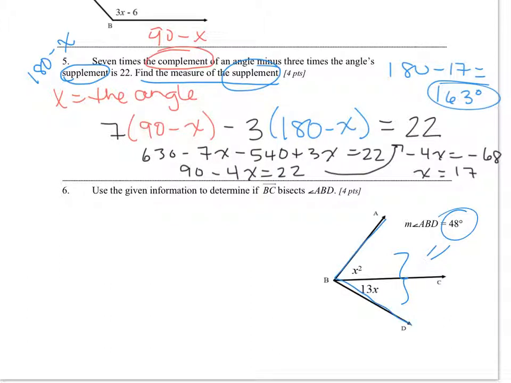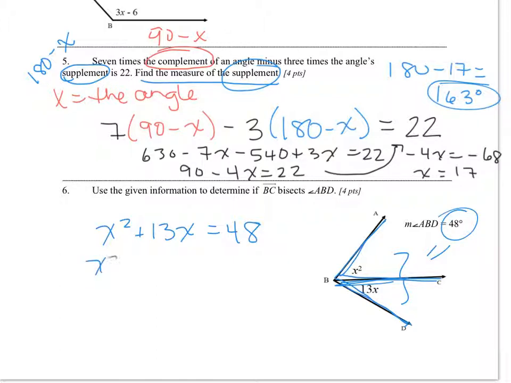So if we add x squared plus 13x, we should get 48 degrees. Okay, so we know that that's a true statement, because we can take angle ABC and add it to angle CBD and get angle ABD. So x squared plus 13x equals 48.